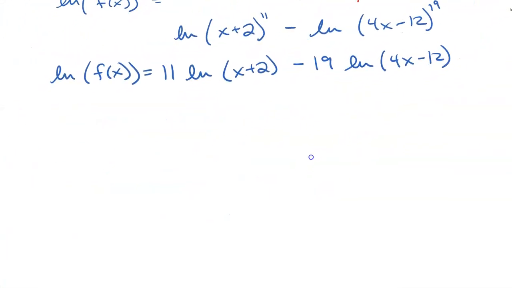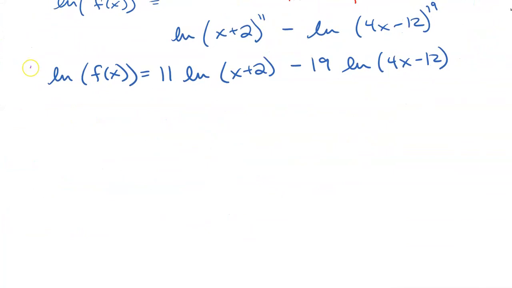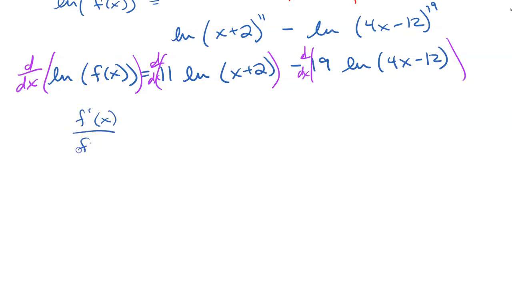Okay, so let's take d dx of everything. My left side, according to the chain rule, says I will have f prime of x over f of x. So now let's finish it.